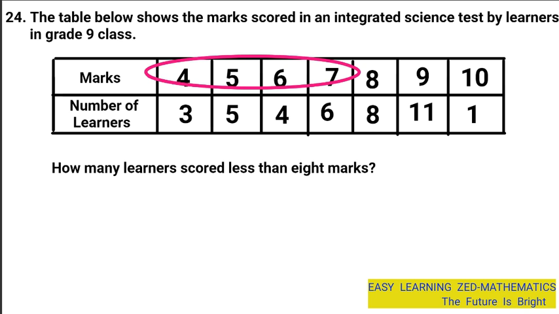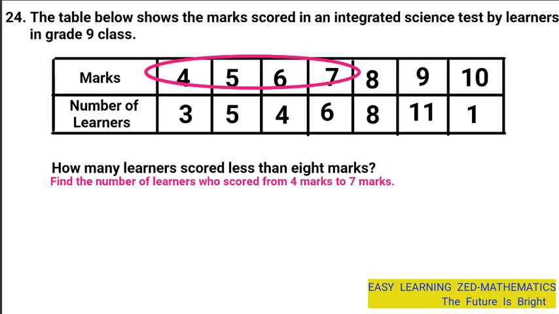Then after you have done that, we also need to identify the learners who scored marks which are less than 8. So these are the learners. They're asking us to find the number of learners who scored from 4 marks to 7 marks, which is what I've circled there.